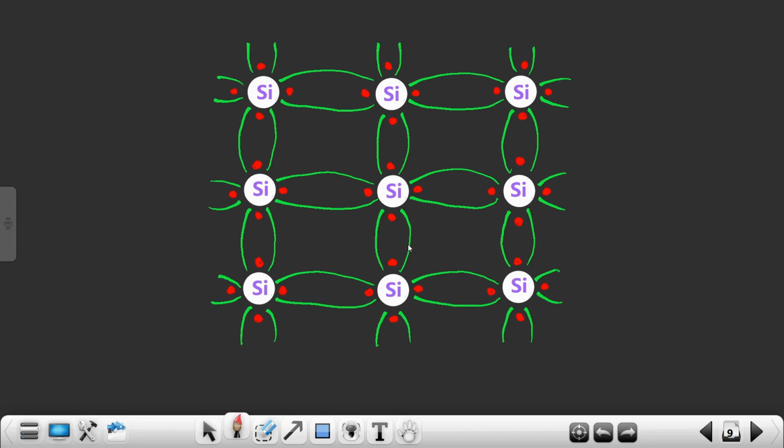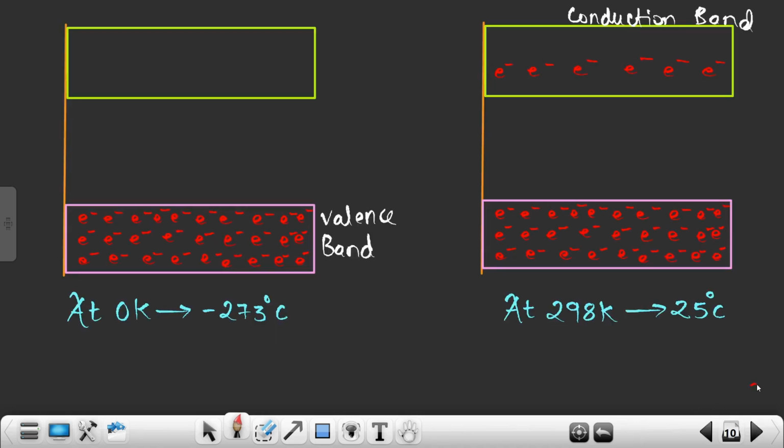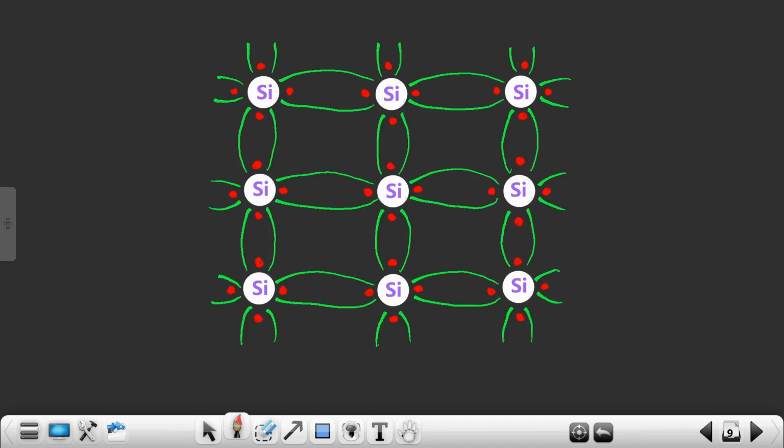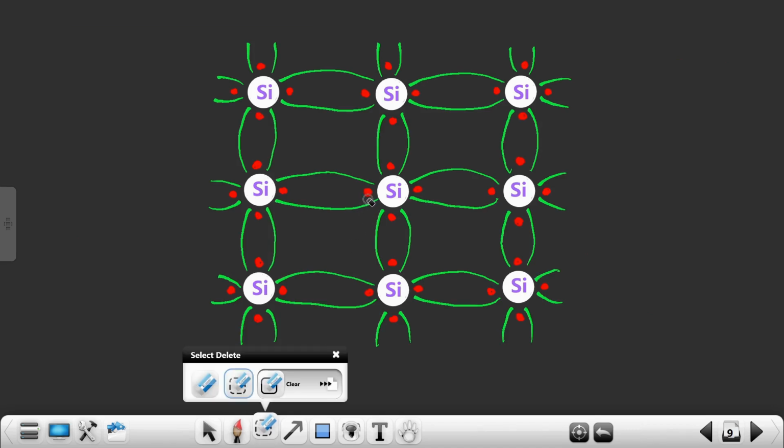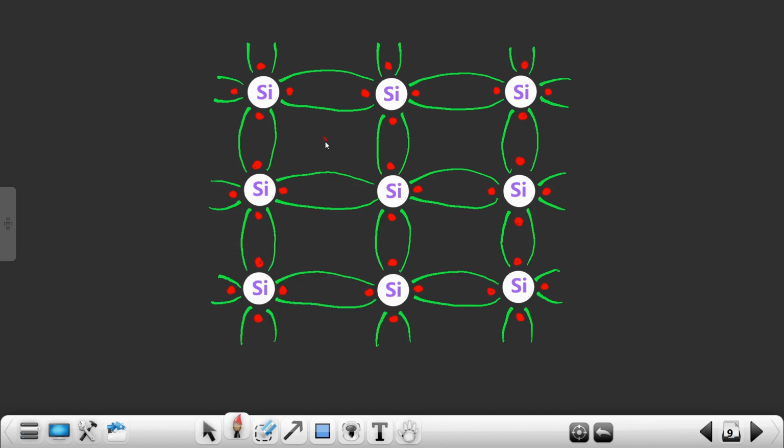But as soon as we are increasing the surrounding temperature, certain electrons get free, and that means, see, again I'll just show over here. As soon as we are increasing the temperature, this particular electron will eject from the covalent bond and come out, and then it is completely free to move here and there, right?